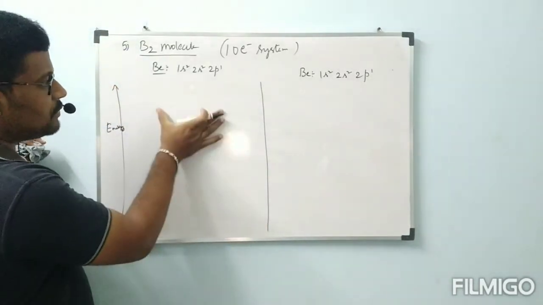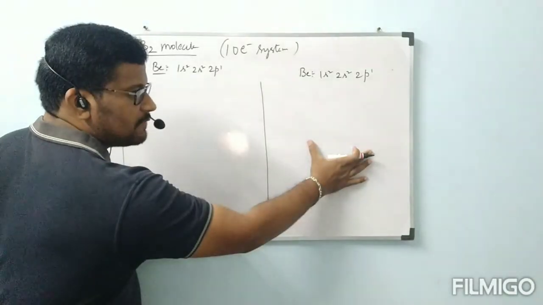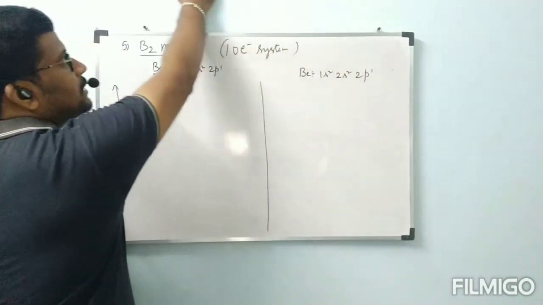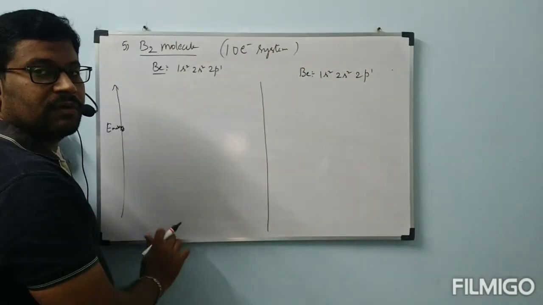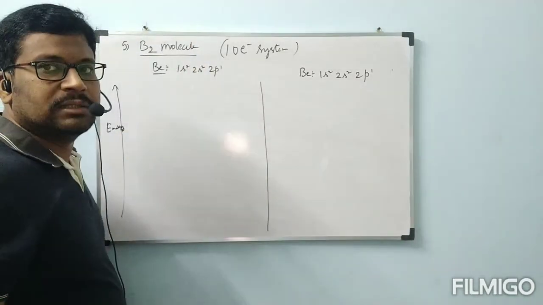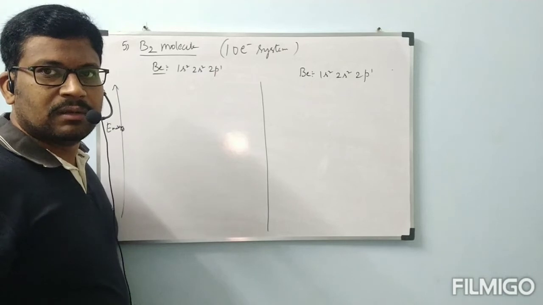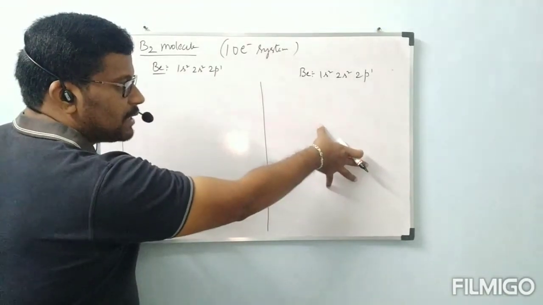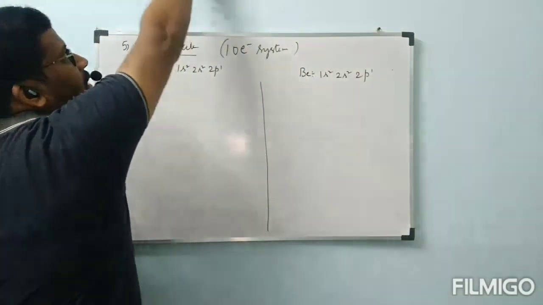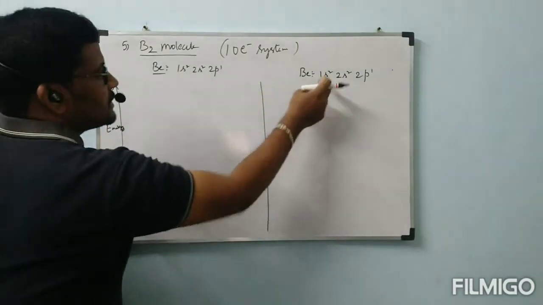Here 1s and 2s I am writing, and 2p alone I am writing here. You have to make it in a way that 2p is written here. Then only will energy be correctly maintained, increasing from below to above. Please make a note clearly. Once again I am insisting, whatever I write for 2p, you have to mention here in your book. Okay, let us see first 1s and 1s.